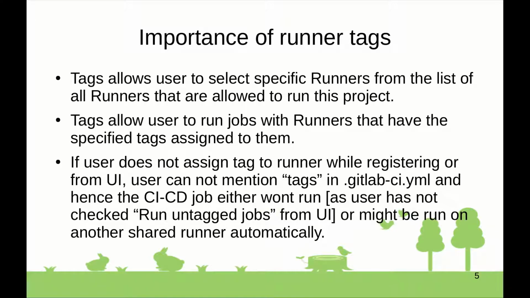If a user does not assign any tag to any runner while registering or from the UI, in that case the user cannot mention the tags keyword in the .yml file, and hence the CI/CD job either won't run as the user has not checked run untagged jobs from the UI, or might be run on another shared runner which is commonly available for all the GitLab users.